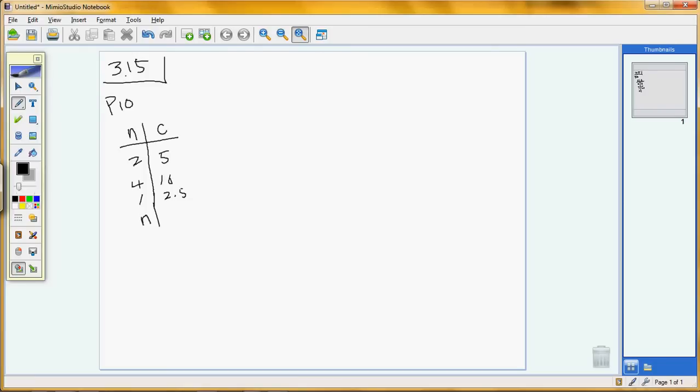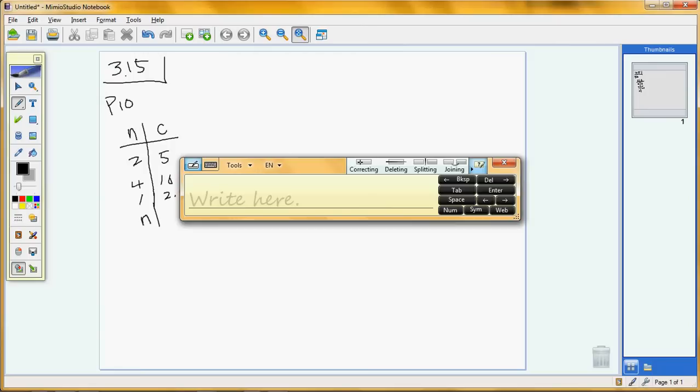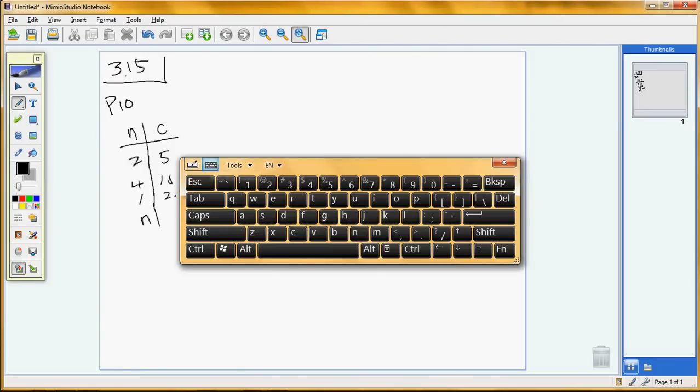Part D: is this situation an example of direct variation or inverse variation, and explain. So let me just write the definition of that.